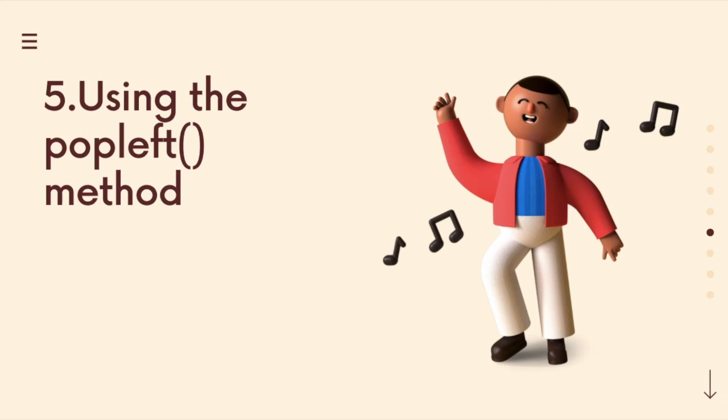In Python, for creating a deque we use the collections module. If you want to learn more about deque, please comment down. I will make a separate video on deque in detail. Here I have just given you the summary. A deque is a double-ended queue where we can perform operations from both sides.